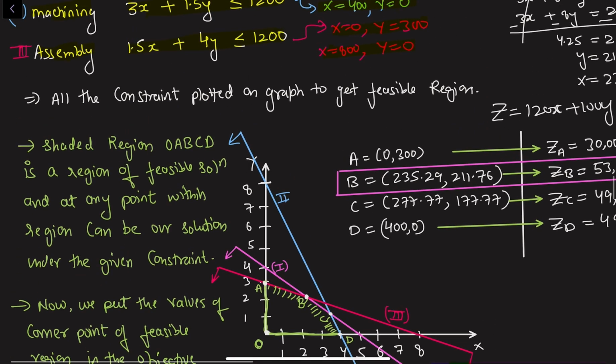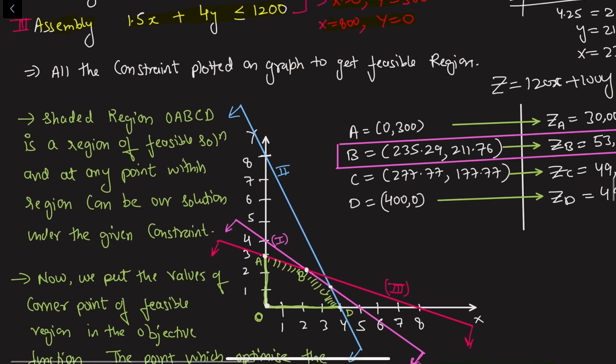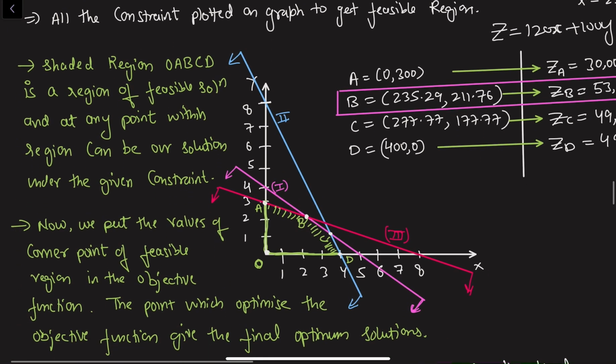If it were greater than, the opposite case, then the optimal solution would be above and on the line, so the direction would be opposite. Okay, so all the constraints are plotted on the graph to get a feasible region.